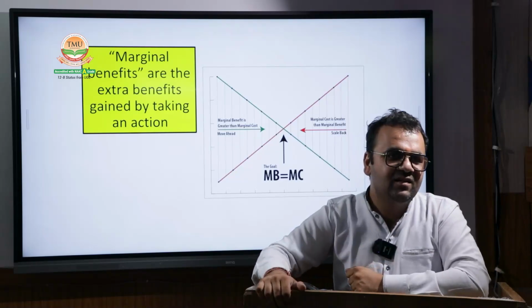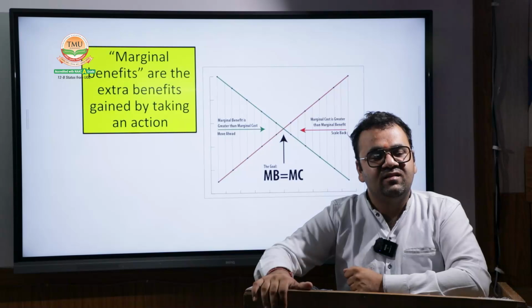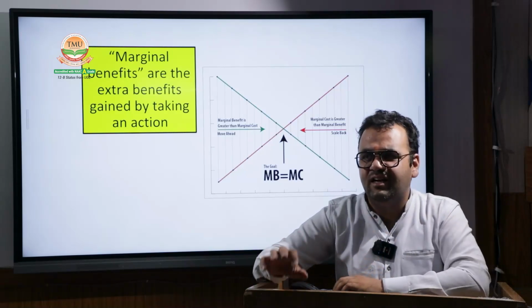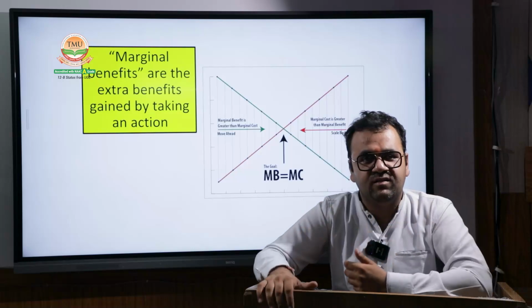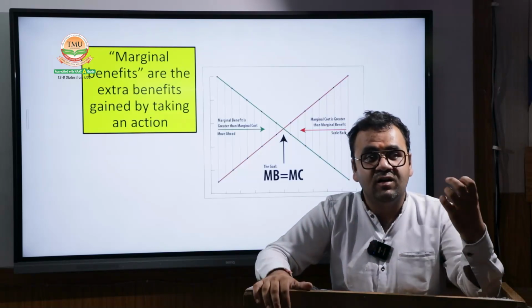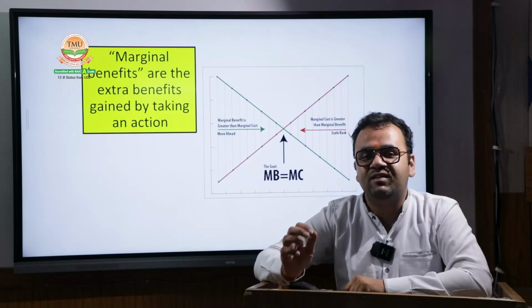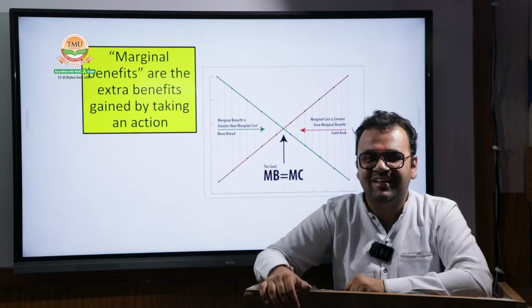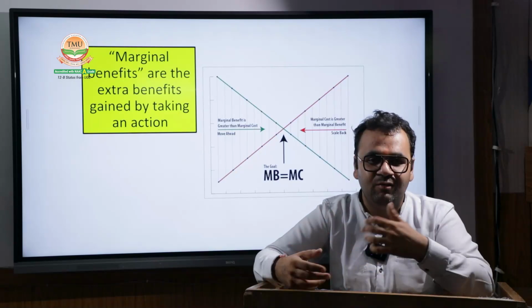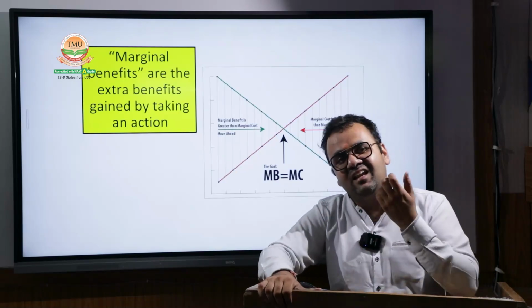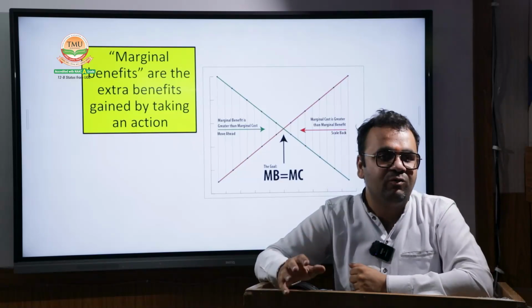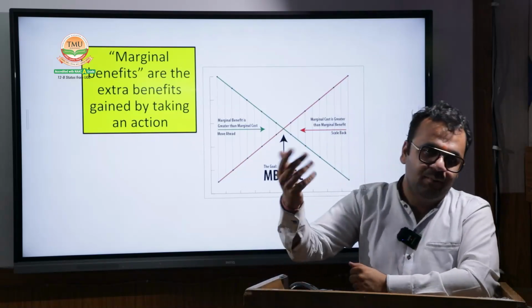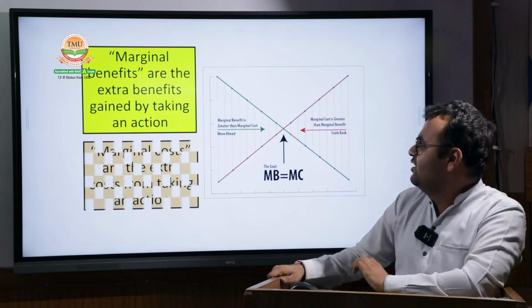It occurs because the employees have a desire inside them for getting the reward. When we say you will get the reward, they get more encouraged. If they get more encouraged, then they will do more work for the organization or for the society. That is the marginal benefit for the society.